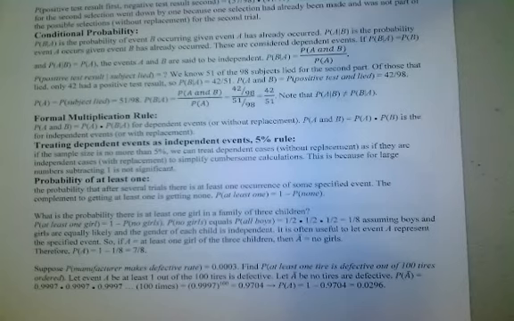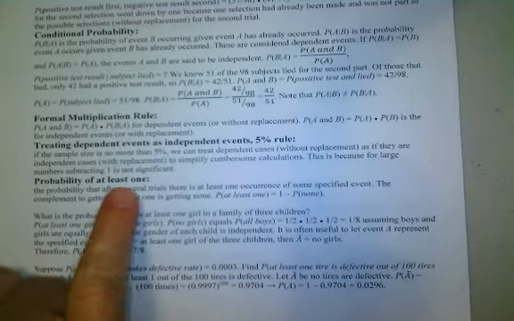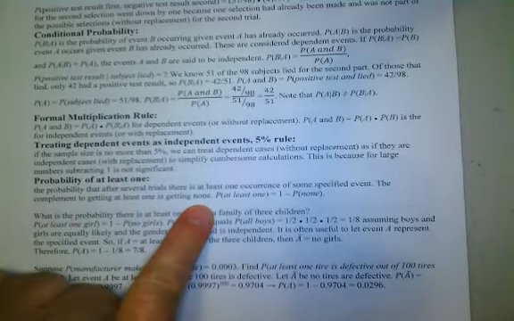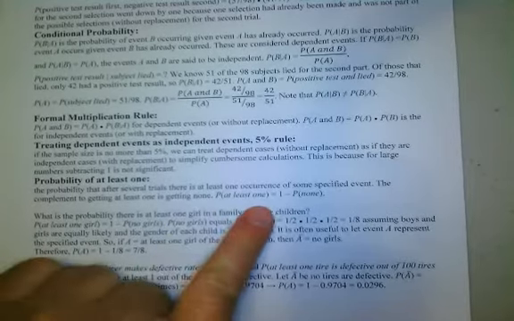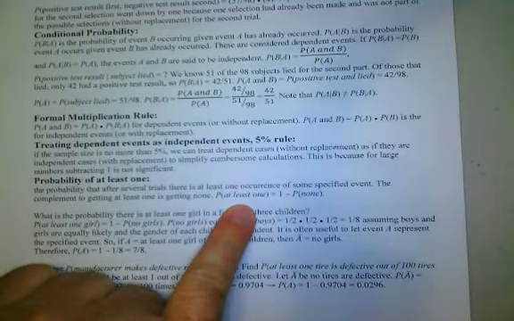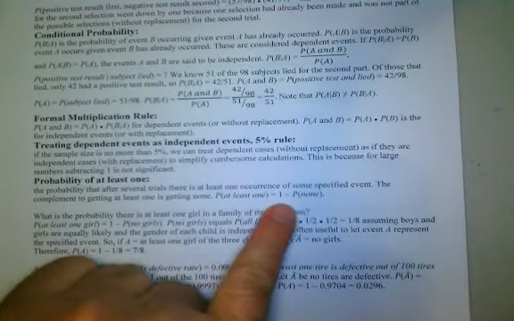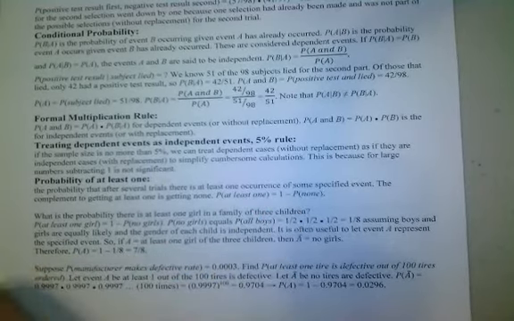Now, that could be a lot of work, but we can use the complement of at least 1, and the complement of at least 1 is none. In other words, if the answer is none, then there are no at least once because it didn't happen at all. And so I can find the probability of at least 1 to equal 1 minus the probability of none.